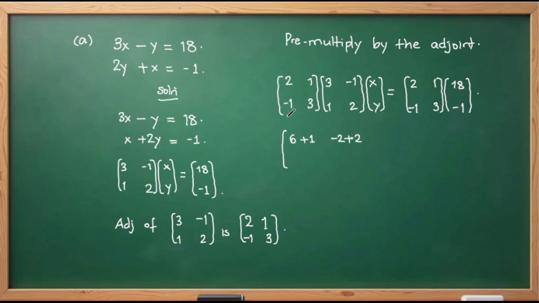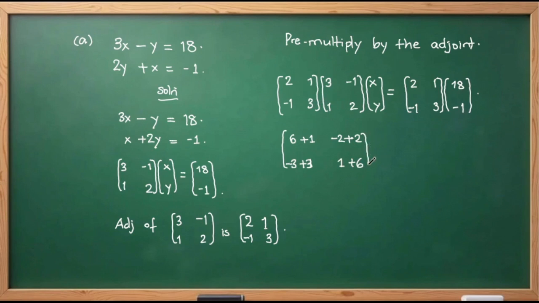For the second row, negative 1 times 3 is negative 3, and 3 times 1 is positive 3. Lastly, negative 1 times negative 1 is positive 1, plus 3 times 2 is 6.